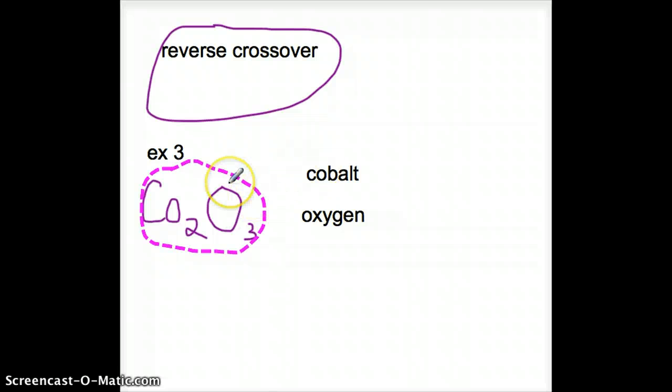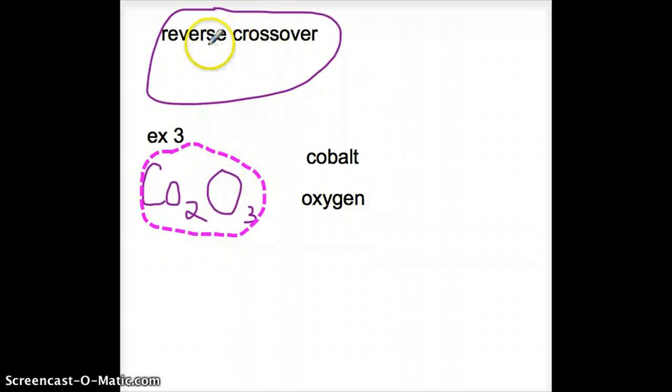In this case, we would have to perform a step called the reverse crossover. Instead of crossing from the top of each element, we would now cross from the bottom of each element to the top of the other element.